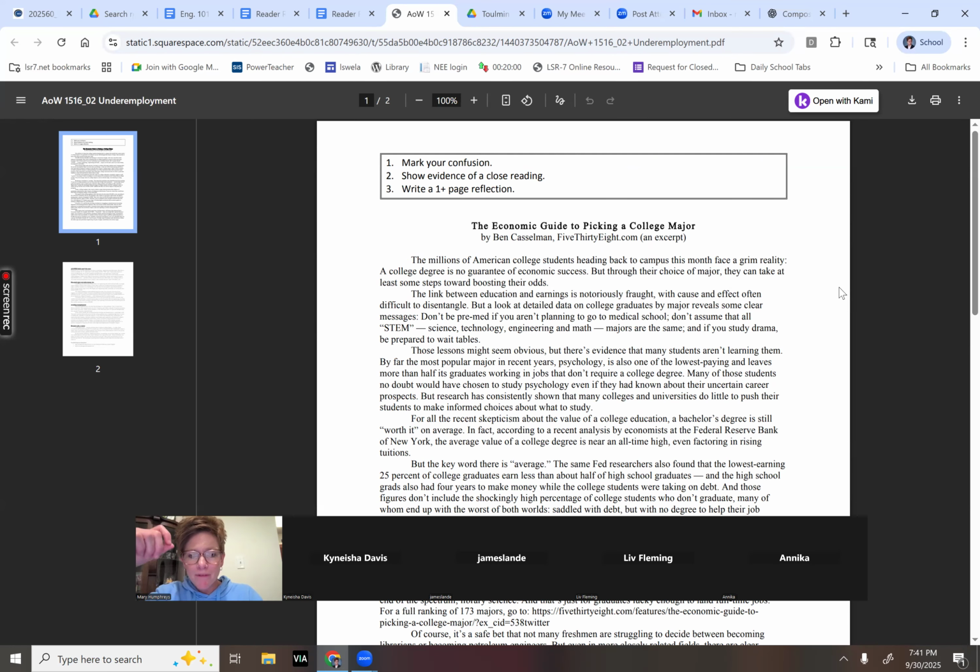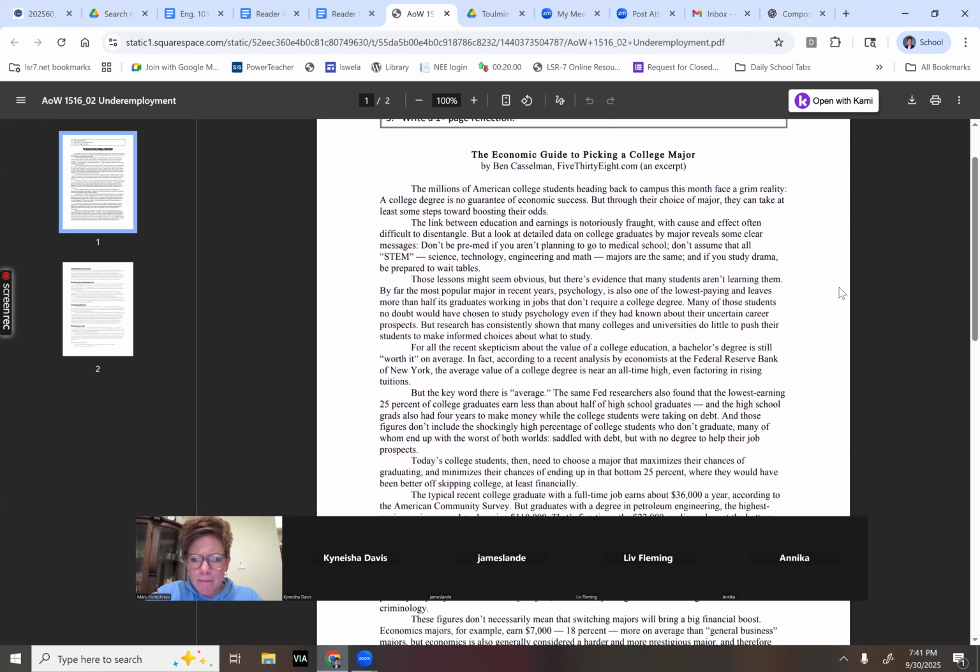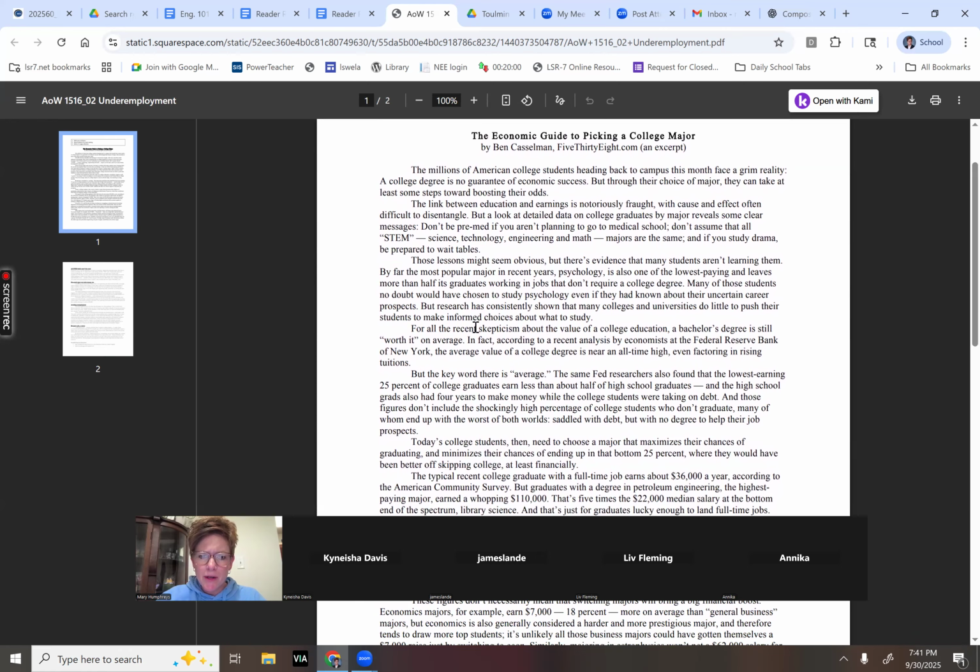But a qualifier, though, let me see if I can find one. Well, like here, it's actually more than one word, but a qualifier could be like the word average, right? The keyword here is average. So they're not arguing one way or the other. They're not saying, yes, you should go to college, you're going to earn more. They're saying on average, right?